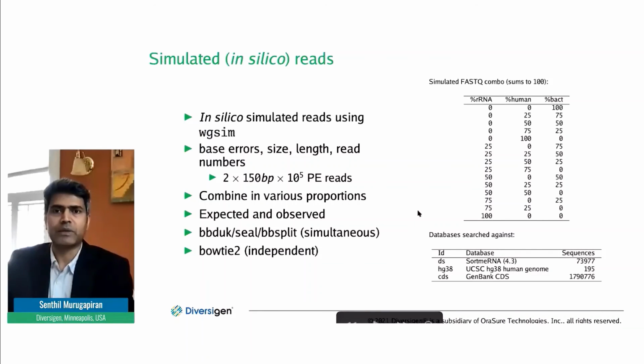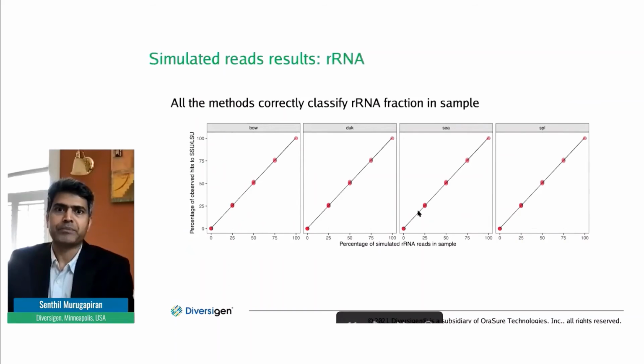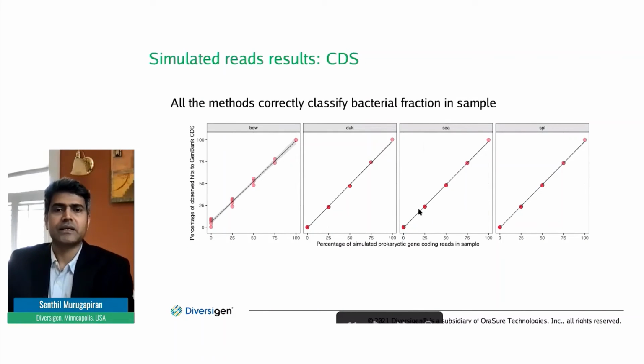None of them match to the rRNA database, and all 4 methods work equally well. In the case of coding sequences, BBSplit and SEAL work better. In the case of Bowtie, we see a slight variation: when there are no prokaryotic gene coding reads in the sample, it still classifies them as such, as they match to the database.